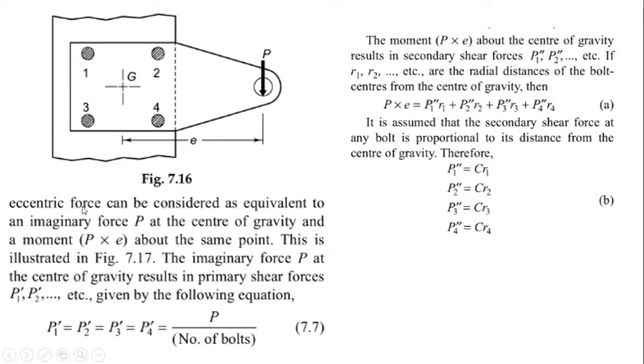The eccentric force can be considered equivalent to an imaginary force P at the center of gravity, plus a moment. Because of this imaginary force at the point G, you will get a moment about this point.